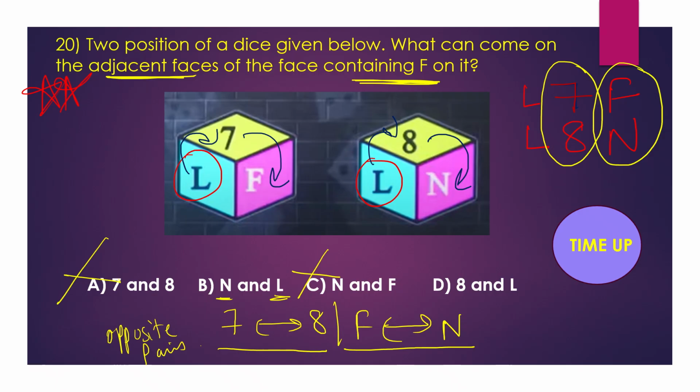Correct? So you can't have N adjacent to F because they are opposite pairs. So D option is also eliminated. So what is left? Option D is left. That is your answer. Okay. So 8 and L are adjacent faces of F. Okay.